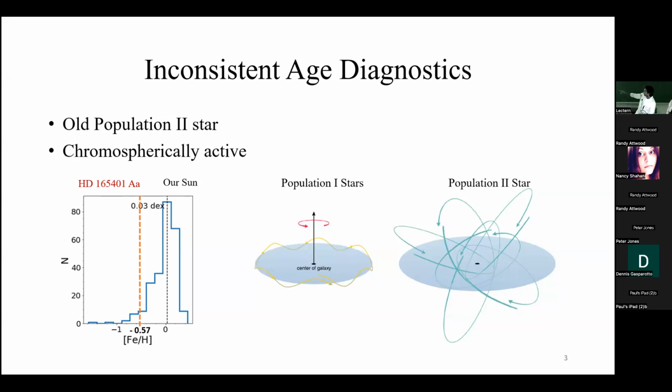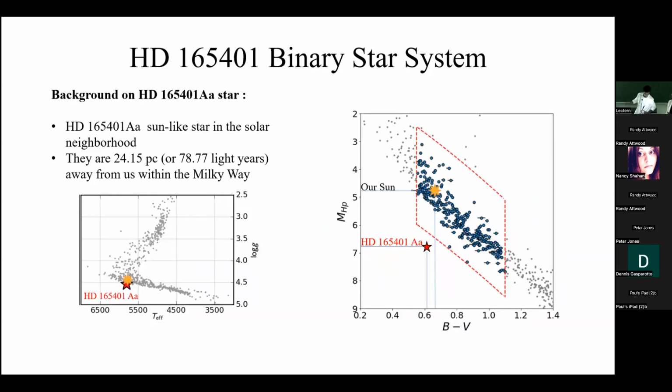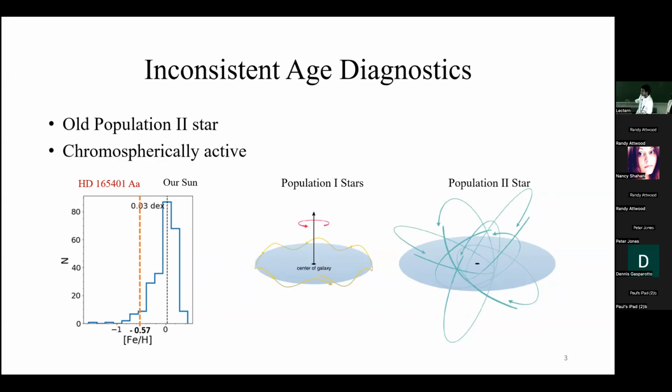This graph shows the metallicity of the stars from the previous graph, the one that's cut out over there. It's a histogram, and the black dotted line is the solar metallicity. The red, or orange-ish, dotted line is the metallicity of the primary star, HD 165401AA.